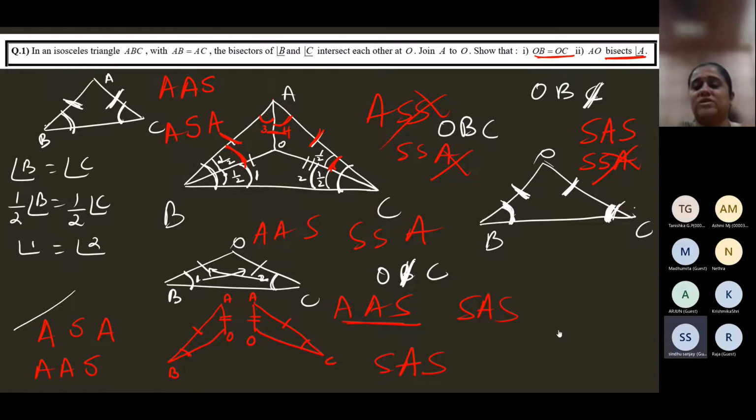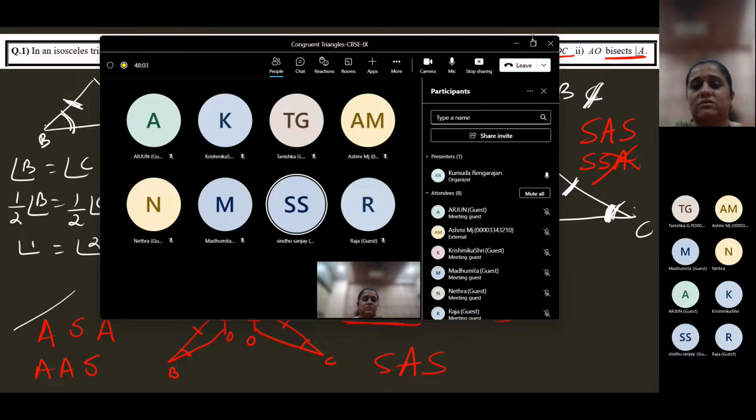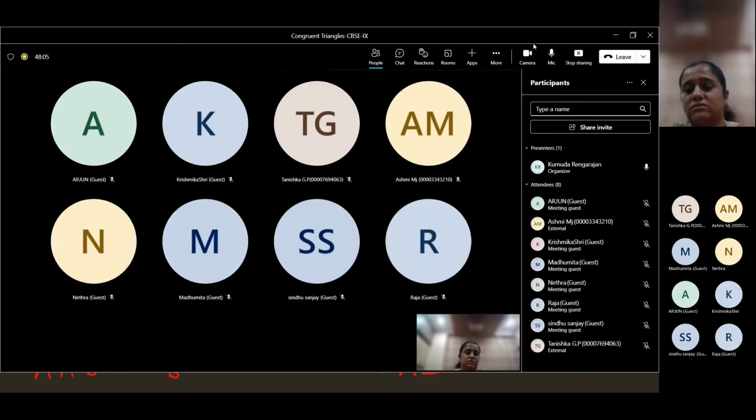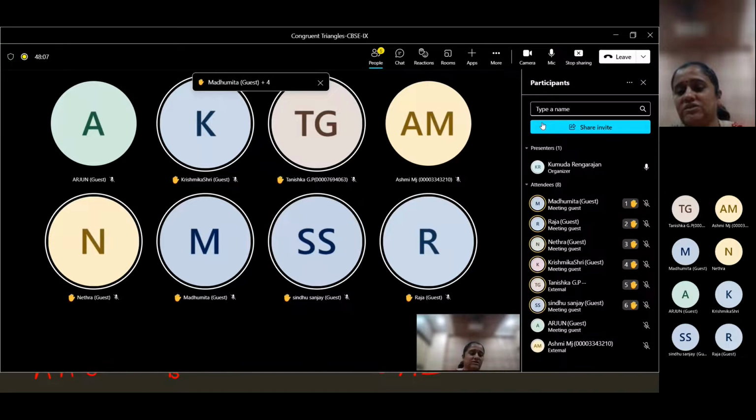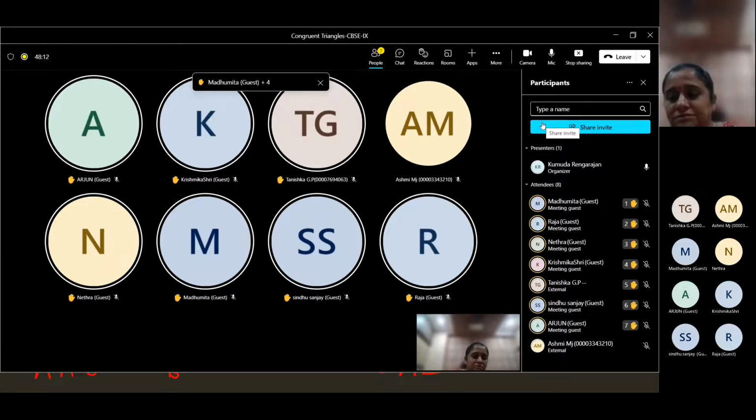Class, use the emoji. Raise your hand. Madhumita, Raja, Netra, Krishmika, Tanishka, Sindhu, Sanjay, Srijana.